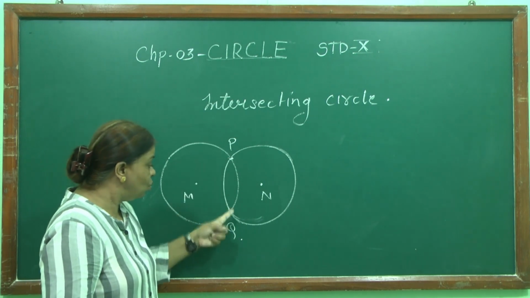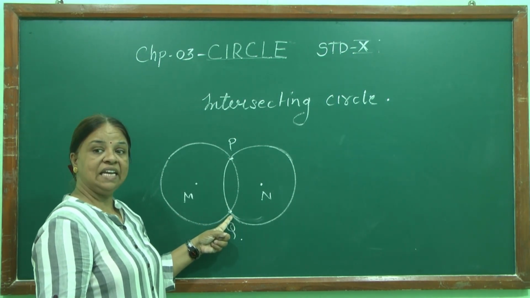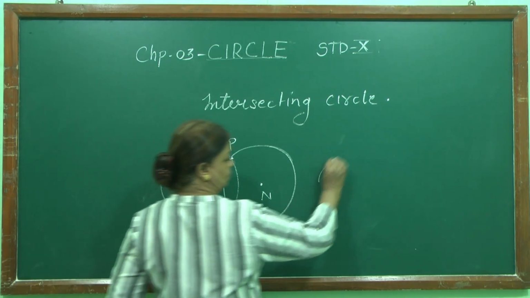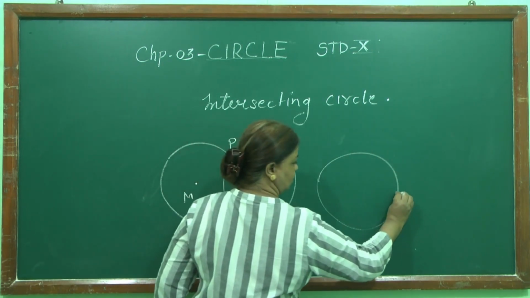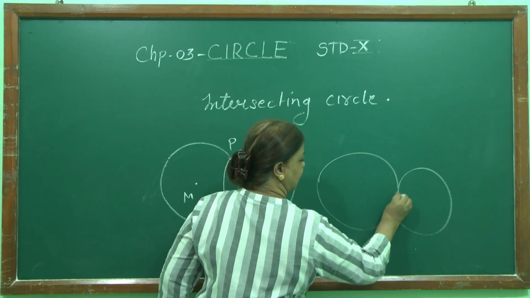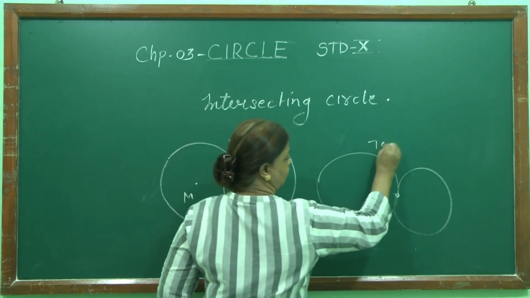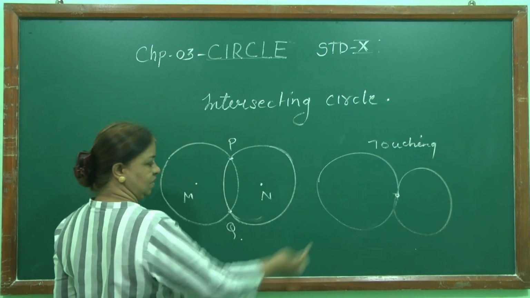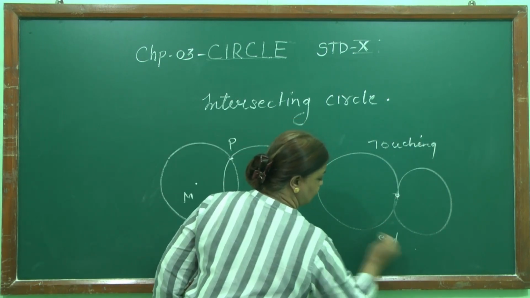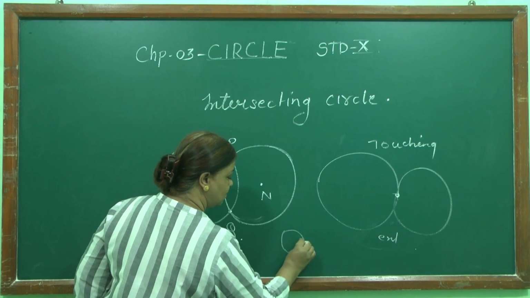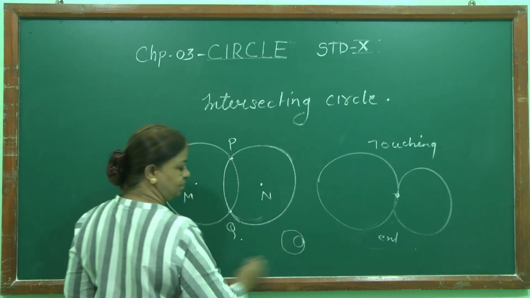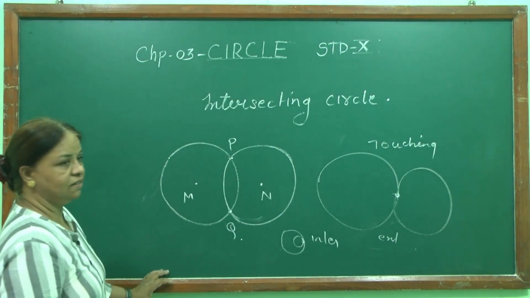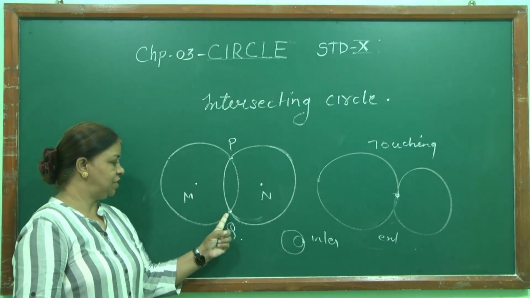When they share two points, they are intersecting circles. If they are sharing only one point, then they are touching circles. This is external touching, and this way it is internal touching. But here these are intersecting circles because they are sharing two points.